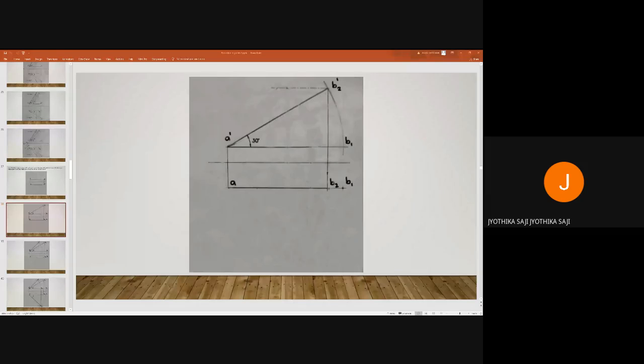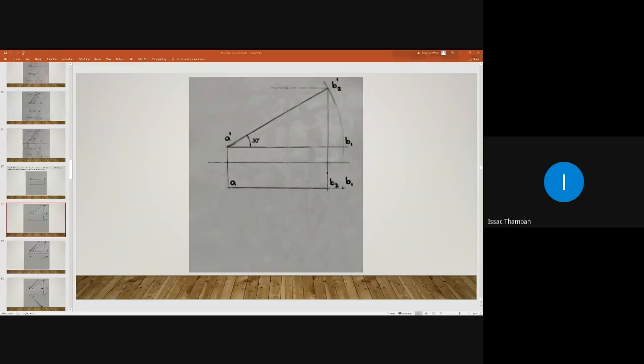Sir, I got it as 76 millimeter. Okay. Safna, what is the plan length? 79 millimeter. Jewel? 77. Okay, this is around 78 mm.